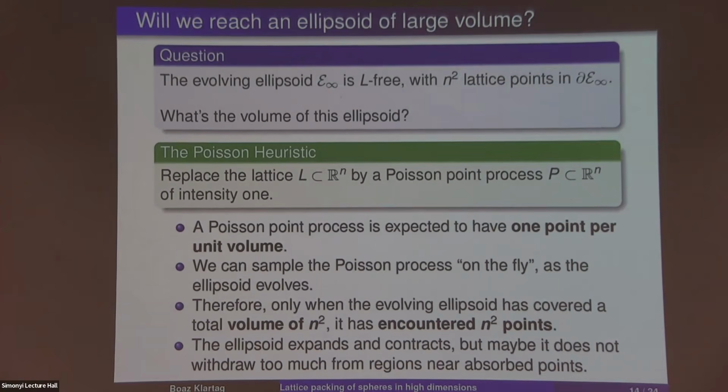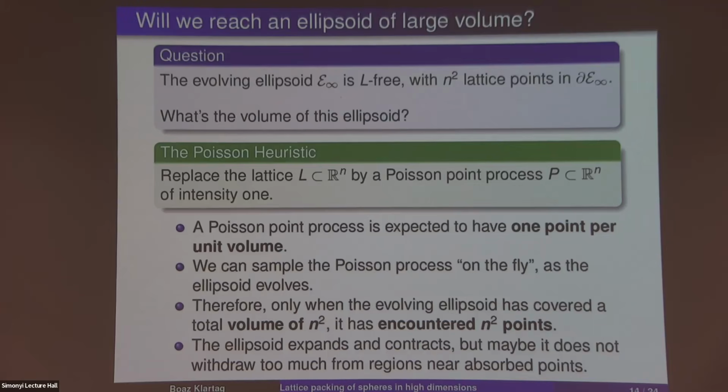A Poisson process is a collection of points in the plane; in any two disjoint domains the points are completely independent of each other, and the number of points in a domain is expected to be its volume. So you have one point per unit volume. This is the Poisson process. Let's see what happens if you take any evolution process, not a particularly bad one, just a random evolution process, whatever, Brownian motion, and try to see what its volume will be.